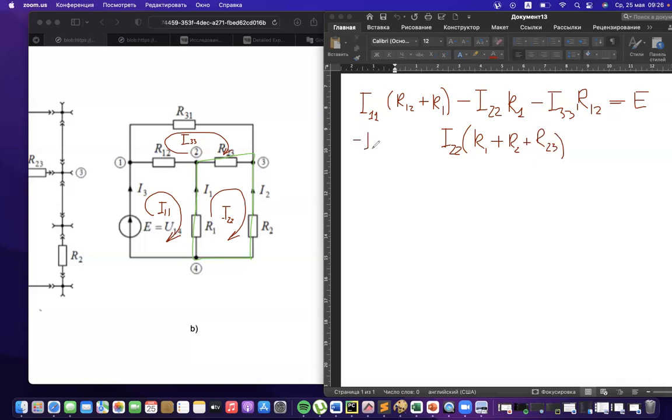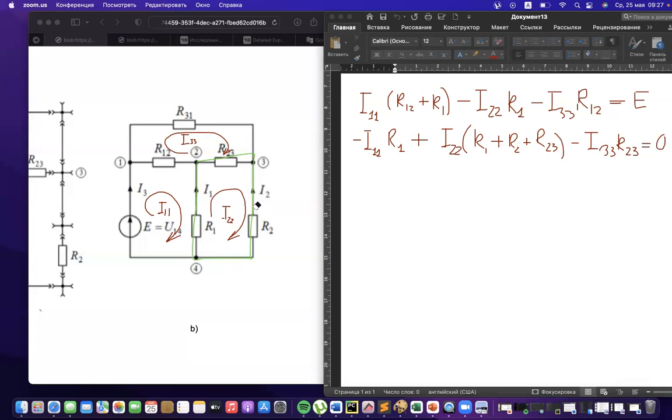Then it will be minus I11 on the resistor R1, the resistor which is common to the 2 meshes, and also minus I33 and resistor R23, also a common resistor between these 2 meshes. It equals 0 because you don't have electromotive force here.